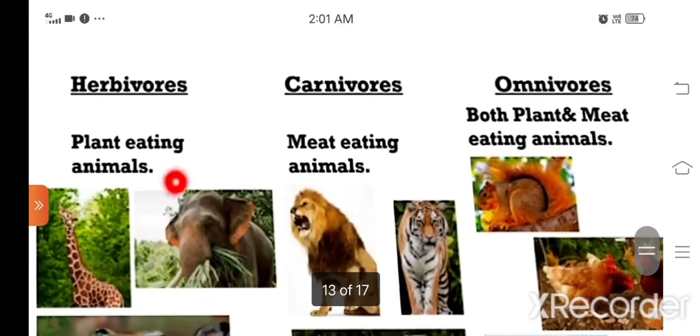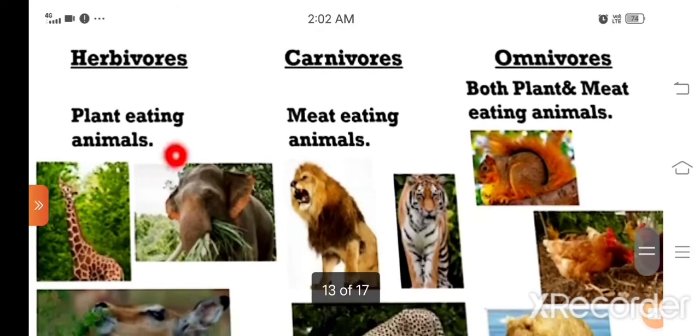Students, I want to tell you something about the different types of animals: herbivores, carnivores, and omnivores. So first of all, we will read about the herbivore animals. The animals who eat plants, leaves, fruits, twigs, etc. These types of animals are called plant eating animals or herbivores.